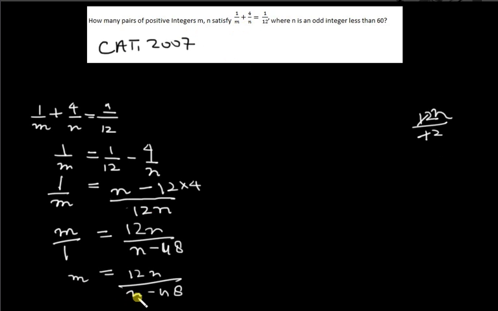So if I put any number less than 48, then m would be negative, because if I start from less than 60, it means I can start from 1 and go till 59. But if I write any number less than 48, then this would be a negative integer, and in that case the result would be a negative m.